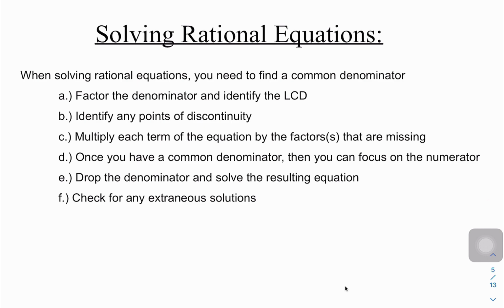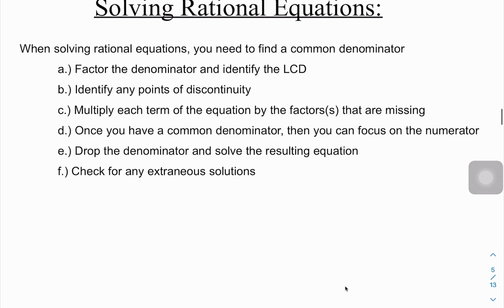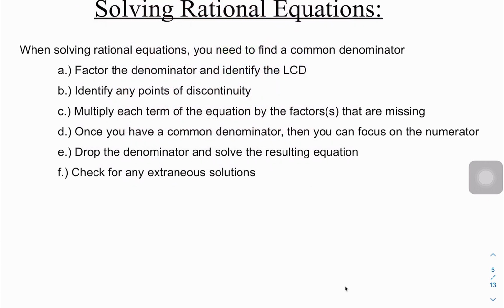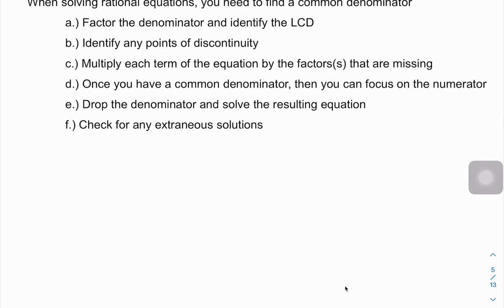Okay? Here's what I mean, by the way, when I say you can focus on the numerator here in part D. I'm going to go back to the previous chapters for a second. Okay? And I'm just going to make up a couple of problems to give you an idea of what I'm talking about. So if I said exponential equation, let's say I said 2 to the 3x equals 8.